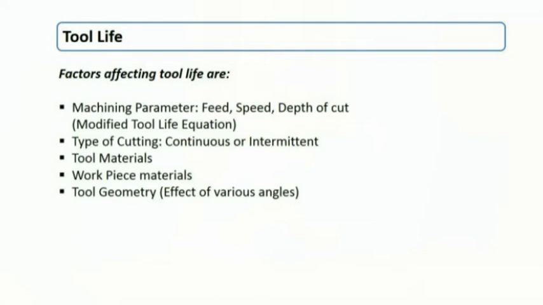So there are different factors that affect the tool life of a tool. The first one is the machining parameters. We have already seen how the cutting speed affects the tool life. However, the effect of the other two machining parameters, that are feed and depth of cut, is quite less, but we have to consider it.